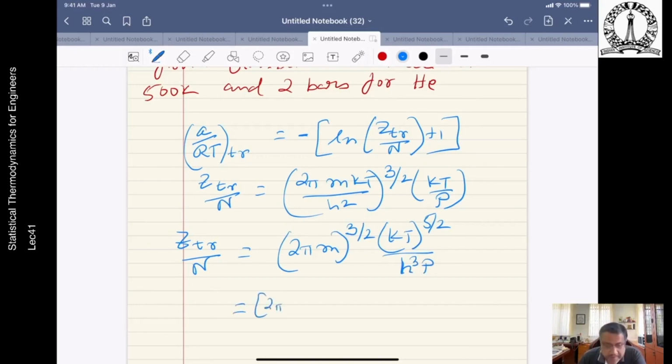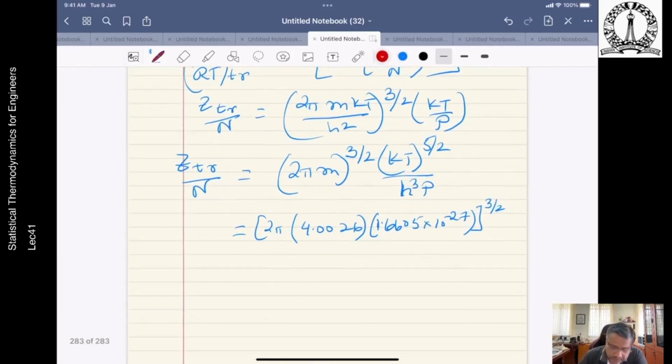2 pi into 0.0026 into 1.6 to the power of minus 27, to the 3 by 2, into 1.3807 to the power of minus 23 into 500.